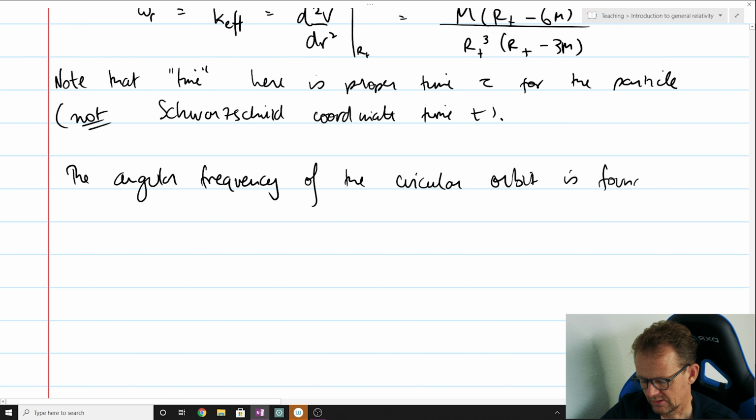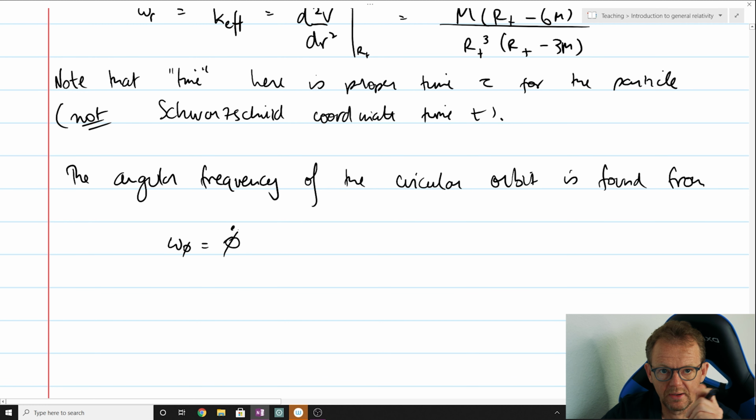Well, you can find it by just defining omega phi to be phi dot, right? Because whenever phi comes around 2 pi, well, then you've executed a complete oscillation. And that, right, is determined by the angular momentum and the radius.